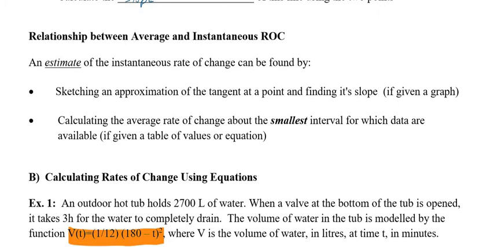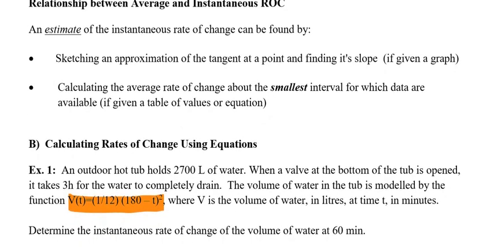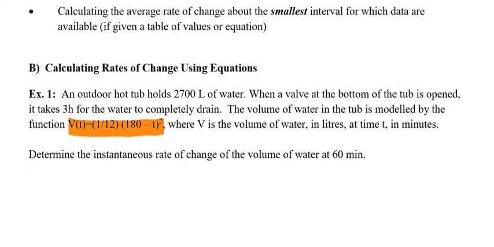So an estimate of the instantaneous rate of change can be found by sketching an approximation of the tangent at a point and finding its slope if it's a graph, or by calculating the average rate of change about the smallest interval for which data are available, if given a table of values or equation. So remember when we had an interval of 9 seconds, and then we measured for 6 seconds or 3 seconds, and we saw that the results kind of approached our instantaneous rate of change, but again, not super accurate.